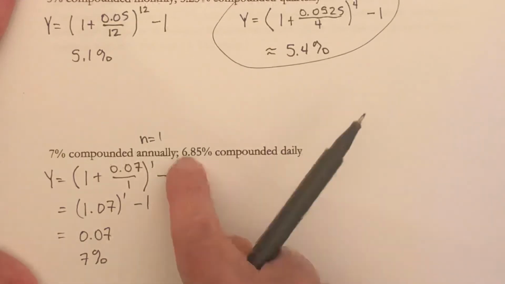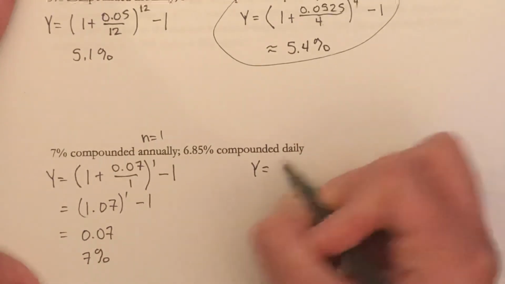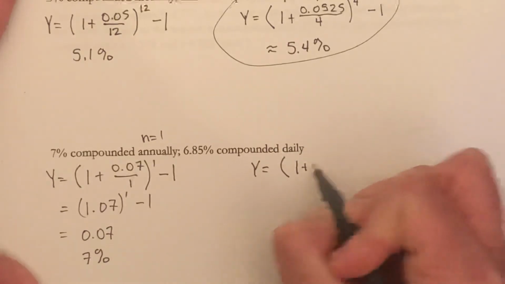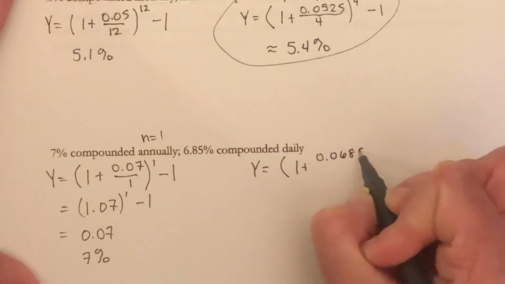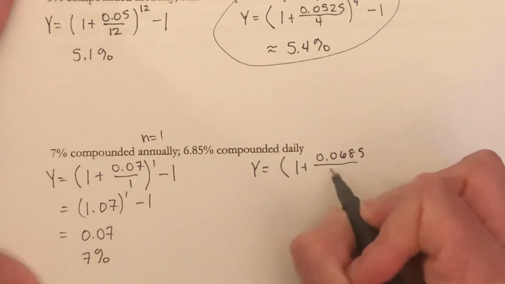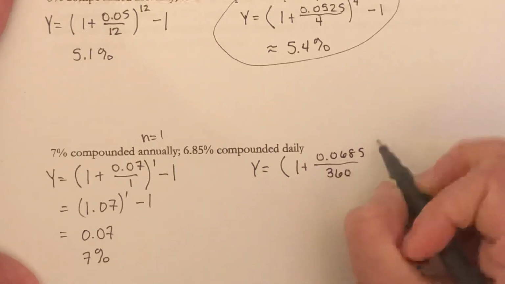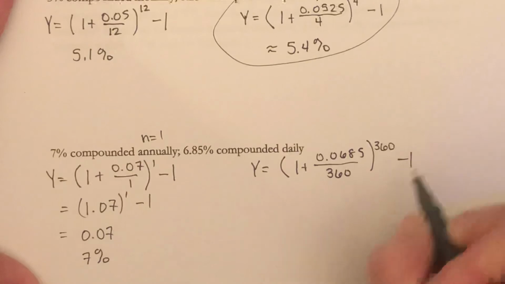Now let's do this one, lower rate, but much more often. Our yield is 1 plus 0.0685 over daily, which is 360. And this is raised to the 360, and then subtract 1.